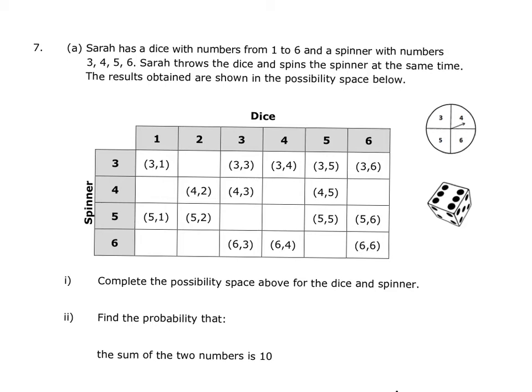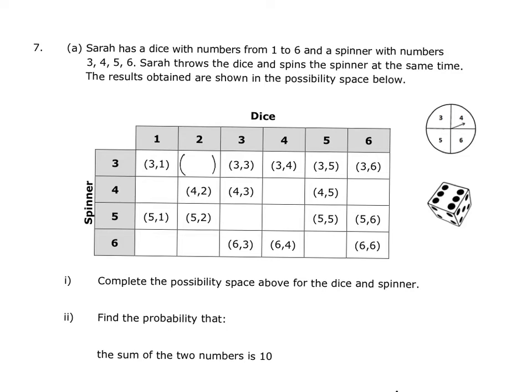So, let's have a look at the possibility space. Let's look at this cell over here. First, we're writing number 3, and that is the spinner number. Then we're writing 1, which is the dice number. Check another one, for instance, this one. First, we're writing the spinner again, and then the dice. So we're going to follow that pattern. That's very important.